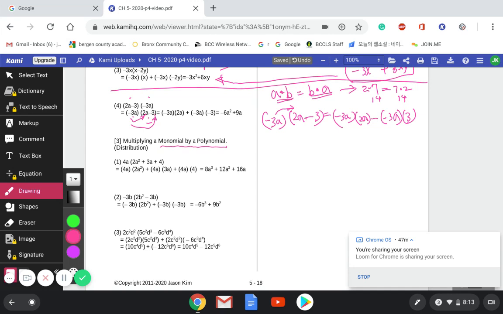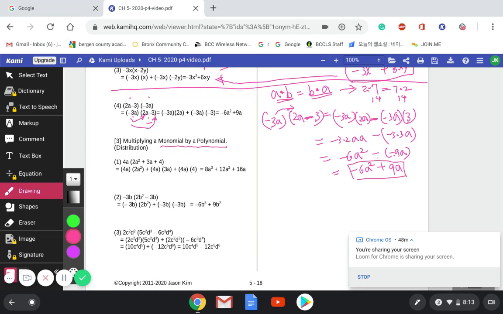I use this minus as an operator. Then you have negative 3 times 2a, which is negative 6a squared, minus negative 3a times 3, which ends up with negative 9a. So it becomes negative 6a squared, minus negative becomes plus 9a.